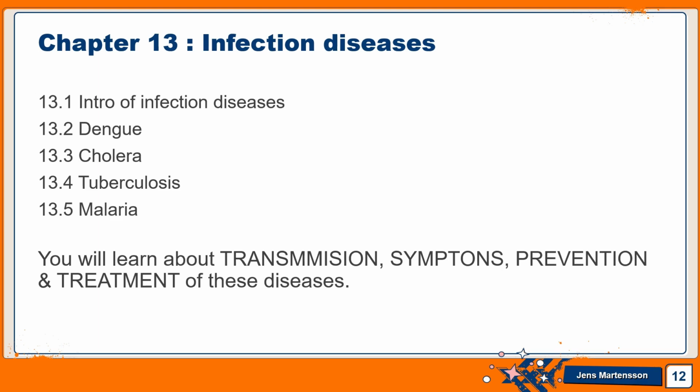And in our syllabus, we have to learn about four types of infection diseases: dengue, cholera, tuberculosis, and malaria. These 4 diseases are diseases that have affected our people and also the whole world. Dengue, I think all people know, right?